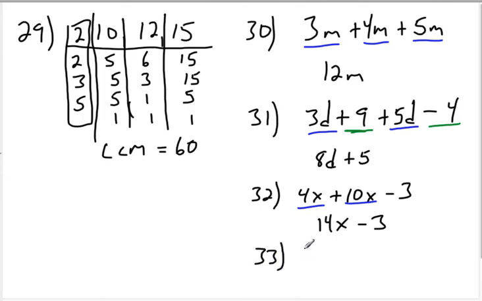So for 33, we have 21r minus 18r plus 14. So these first two terms have an r in them, so we can actually combine them with addition or subtraction in this case. So we have 21 minus 18 is 3, and they both have an r, plus 14. So again, we have to stop here because 14 does not have an r to go with it.